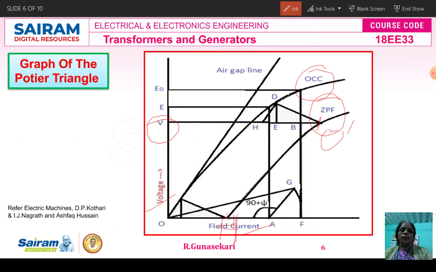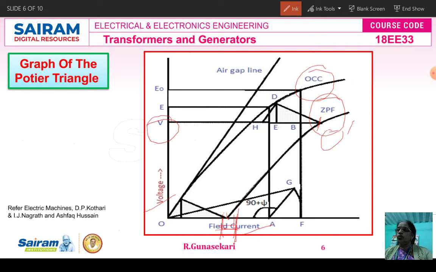The point H is drawn from the short circuit test, with the full load zero power factor armature current, which gives zero terminal voltage.